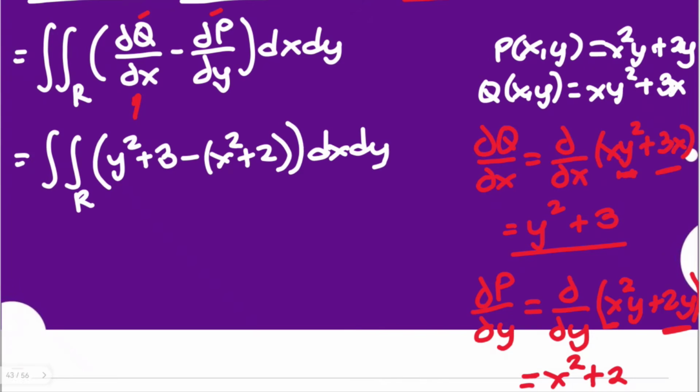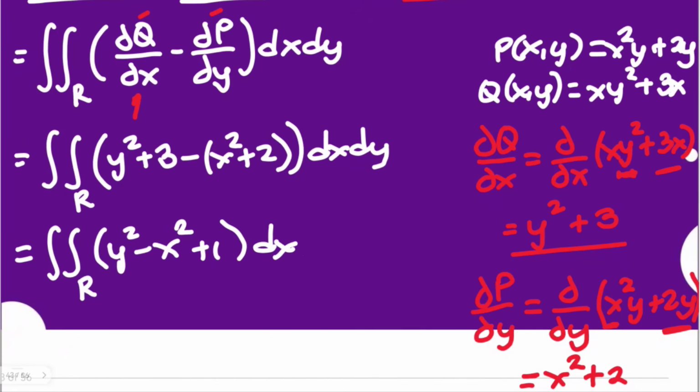Simplifying that, you have the double integral of y squared minus x squared, and that's 3 minus 2 because of the grouping symbol, plus 1, dx and dy. Hopefully it's clear until this point.